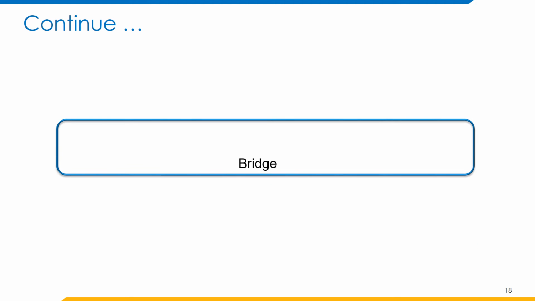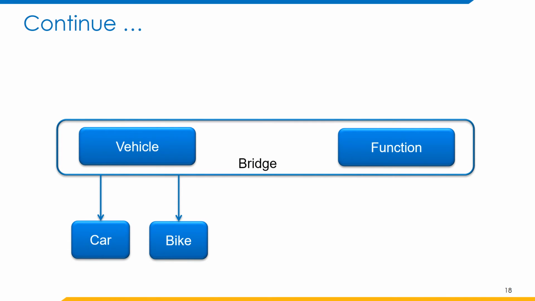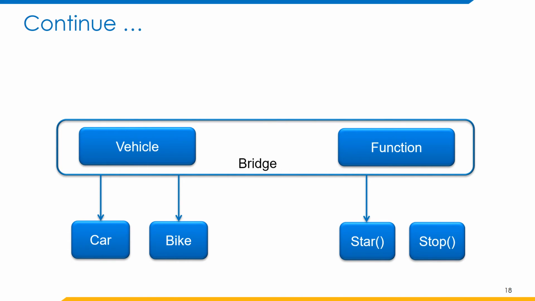Here I have created one bridge. I will define the vehicle and function as interfaces, and inside the vehicle we will store car and bike, and the function contains a start and stop method.